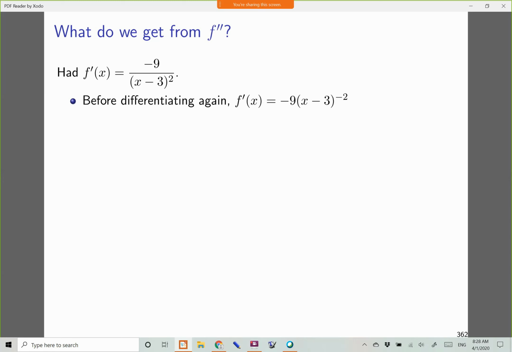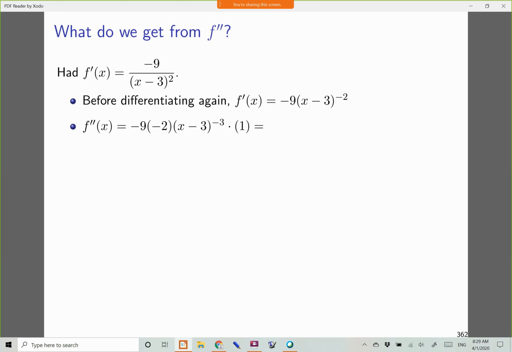I have -9, and then x minus 3 quantity to the -2nd. So if I push this thing into the numerator, I got to change the exponent from a +2 to a -2. The whole point now is this is way more convenient to take the derivative of. You don't even need to use the product rule. You can if you want, but that -9, that first thing is a constant, so you get to copy the constant -9, differentiate x minus 3 quantity to the -2nd. That part is going to require the chain rule.